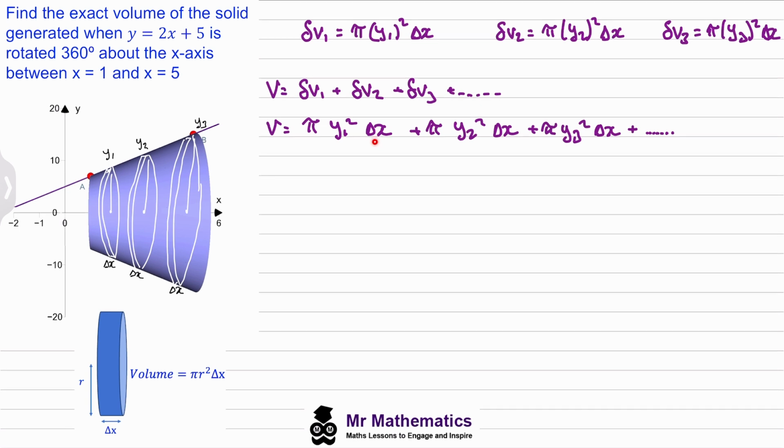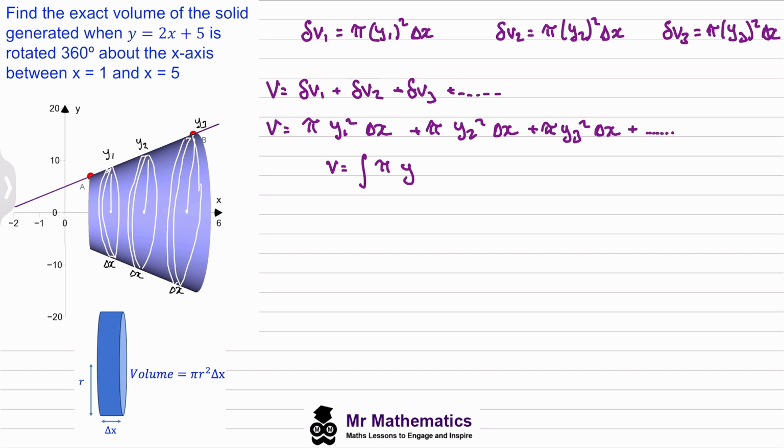When we add up these tiny changes in x, this is exactly what integration does. It is a summation of tiny changes in x within a certain range. And we can rewrite this as the volume will equal the summation of pi multiplied by these y values. And the y values all lie along this line.